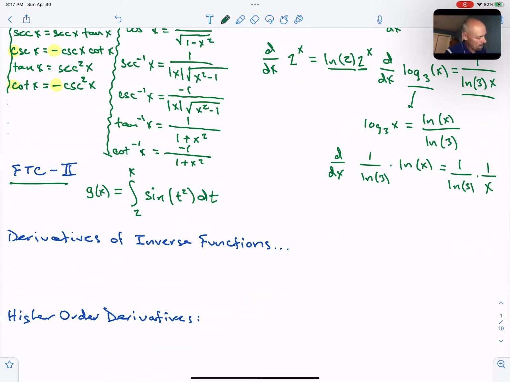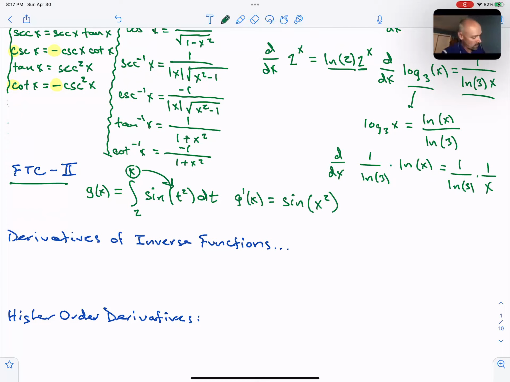Then FTC part 2 comes into play when we want to find the derivative. And so the derivative of g at x would be g prime of x. And what we're doing is we're taking the variable, the upper bound, and we're going to put it right into our integrand, replacing the t. And so g prime of x is going to be sine of x squared.